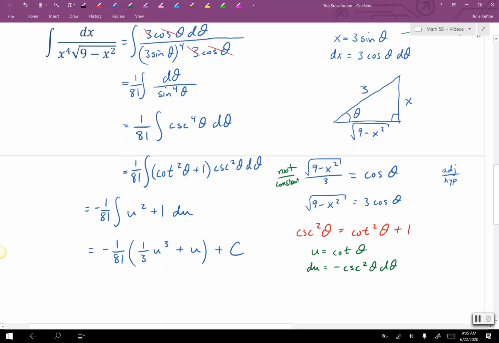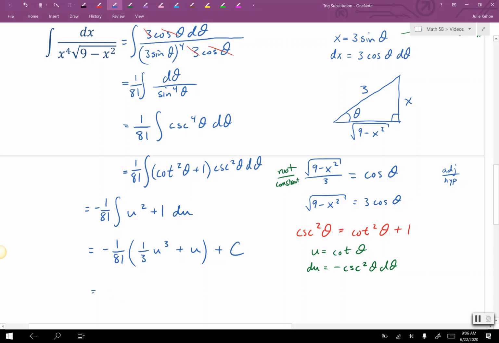Okay, so the hardest work is over. I've integrated it. I just need to get myself all the way back to the x's that I started with at the beginning of this problem. So first I'll swap out the u's for thetas. So negative 1 over 81 times, and actually let's go ahead and distribute that at the same time, start simplifying things.